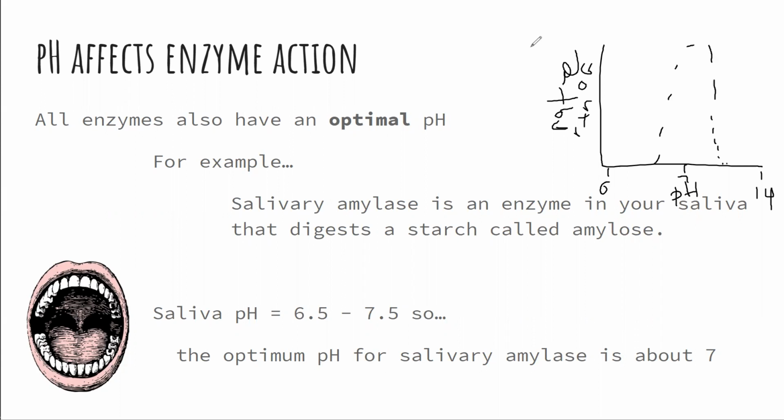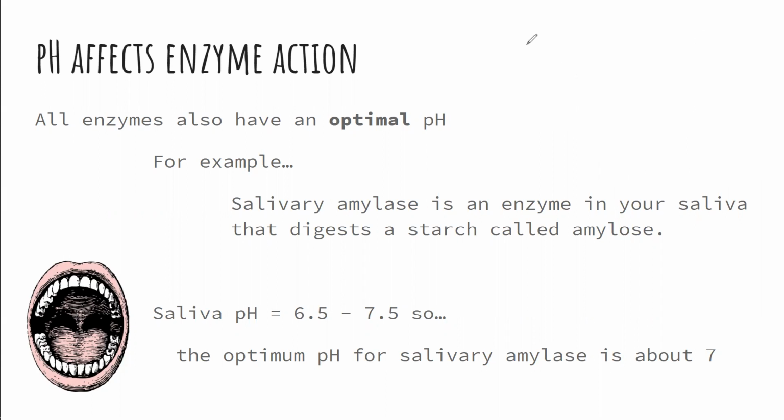And you have 6.5 to 7.5. Where would my optimum be? Remember, it's my peak, my very top, and I draw my line down, and there is my 7. Your optimum will always be the top part of the graph, the best part of the graph. Not the middle, but the peak of your line, the peak of your activity.